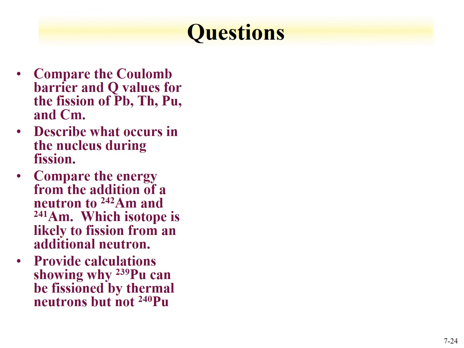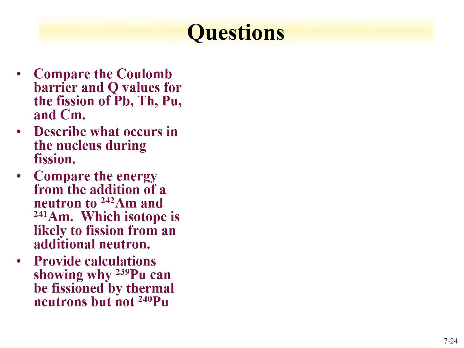You can also compare energy from the addition of a neutron of two isotopes, for instance in this case americium-242 and americium-241. Which isotope is likely to fission from the addition of a neutron? That's actually a separate question. We know that neutron-induced fission is prominent with odd number of neutron isotopes. Americium has an odd number of protons, so americium-242 has an odd number of neutrons.